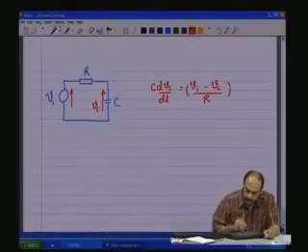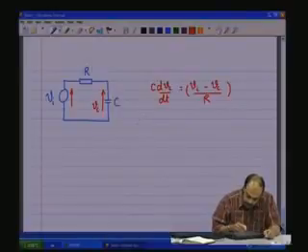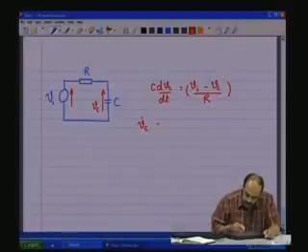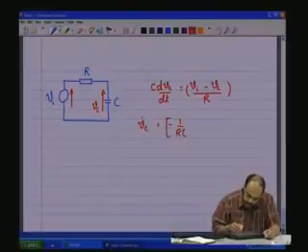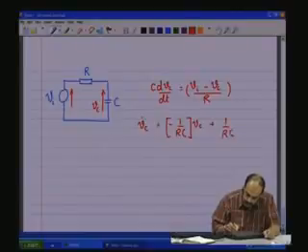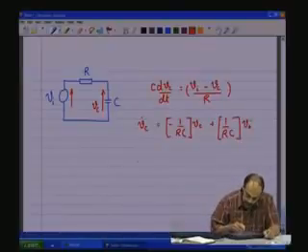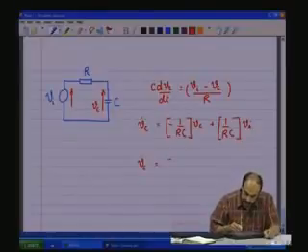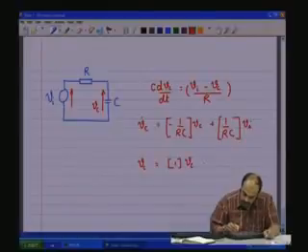Or putting it in our standard form, Vc dot will be equal to minus 1 by RC into Vc plus 1 by RC into Vi, and let us say Vo is our output, which is given in this form, plus 0 into Vi.